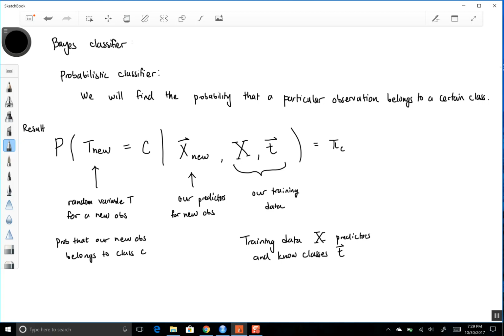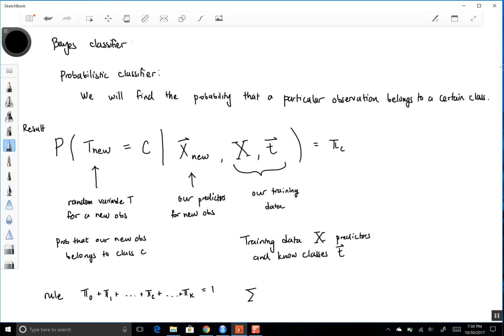Okay, and the rule will be that if we added up probability of class 1 through probability of class C up through all of the k classes that we have, this will equal 1.